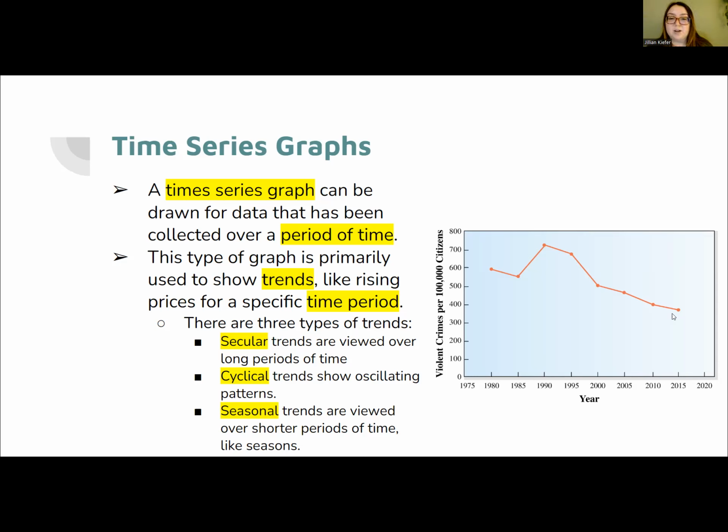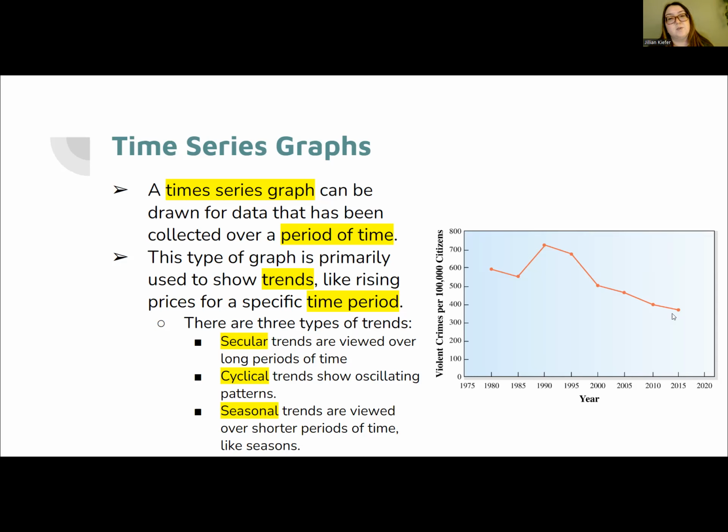So secular trends are trends over very long periods of time. It doesn't really matter how the data is acting. Cyclical trends are oscillating patterns. The time frame doesn't really matter. Then seasonal trends are usually data viewed over shorter periods of time, like seasons, although they technically don't have anything to do with seasons.